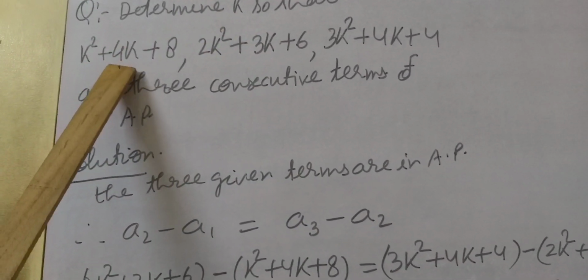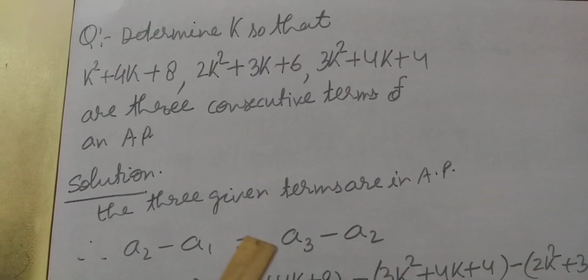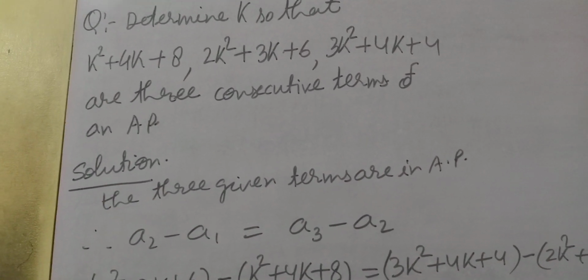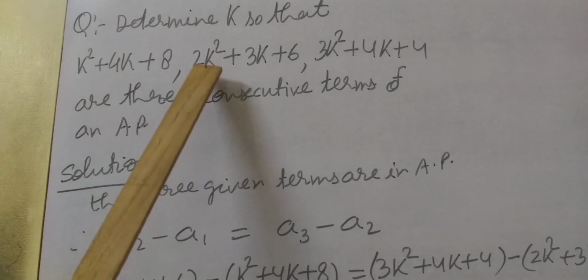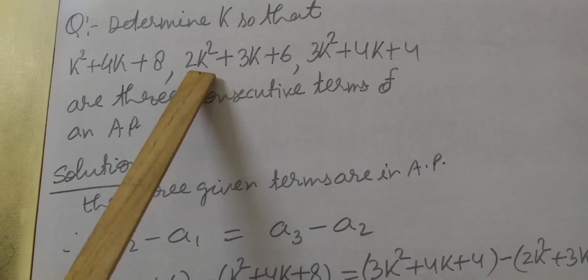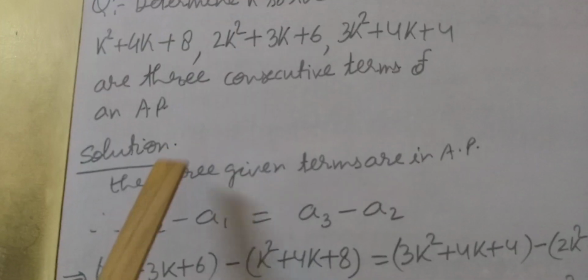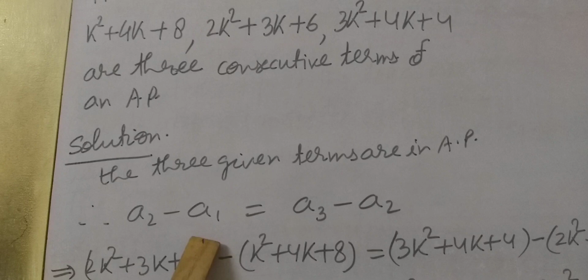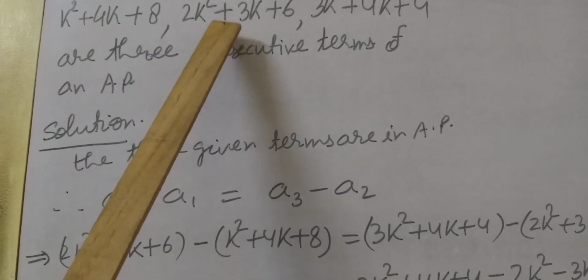So, students, when three or more terms are given in AP, we know that the common difference is the same. So we can obtain the difference by subtracting A1 from A2, A2 minus A1, or A3 minus A2.